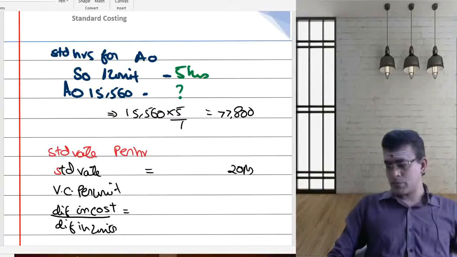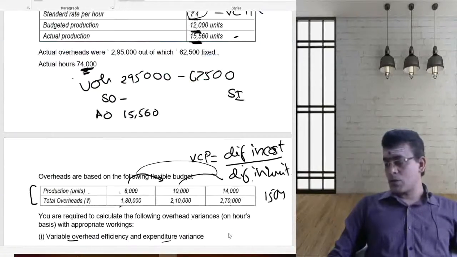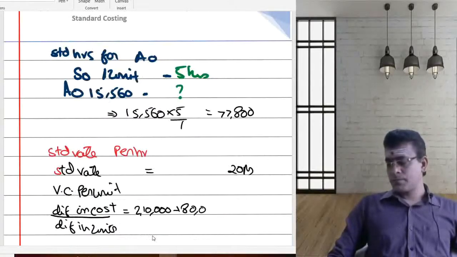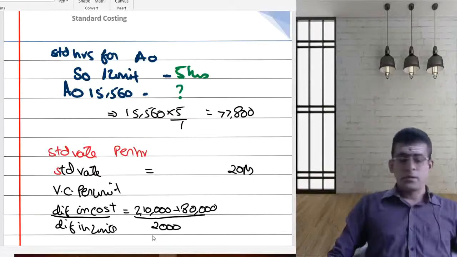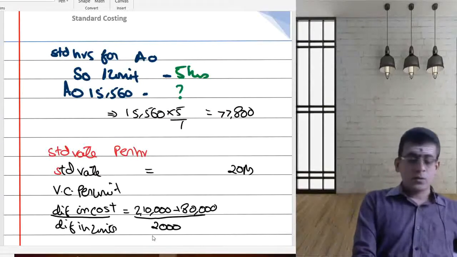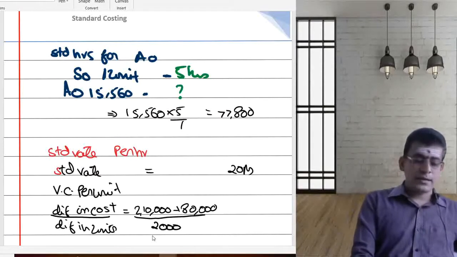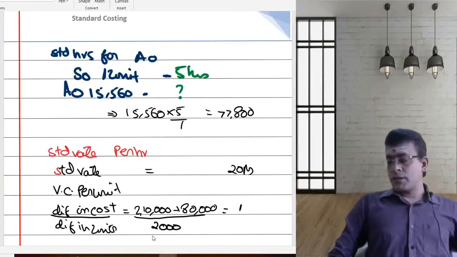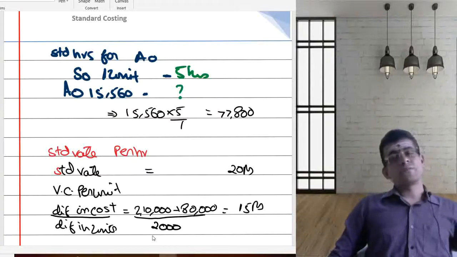Difference in cost: 2,10,000 minus 1,80,000, divided by difference in units, 10,000 minus 8,000, which is 2,000. So 2,10,000 minus 1,80,000 divided by 2,000 is going to give you 15 rupees per unit as your variable cost.